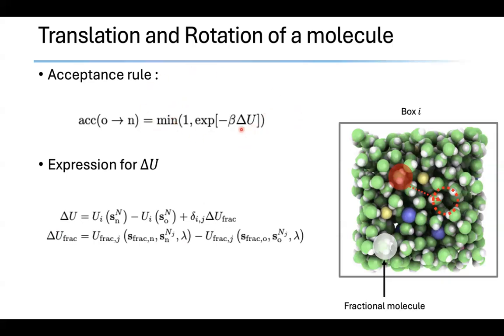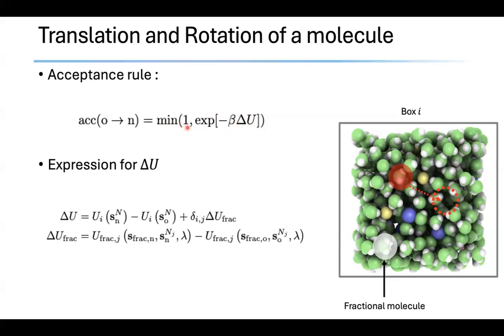Now consider the case when delta U is less than 0, which means that the energy of the system has decreased after translation from this point to this point. Then the exponential of this function will be a quantity greater than 1.